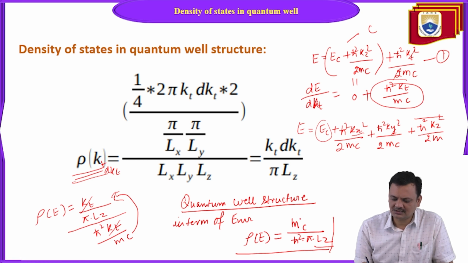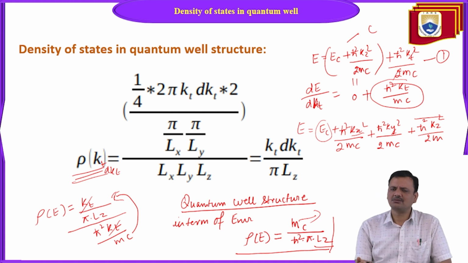This is constant. This is the effective mass of electron in conduction band, which will also be constant. h cross square is also constant. Pi is constant. So density of state is constant in terms of energy. There is no energy term involved in the density of state expression for quantum well structure.